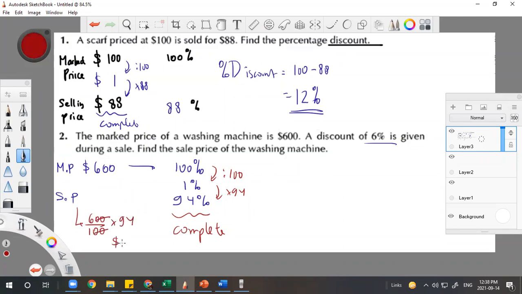564. Is it 500? Yeah, 564. Thank you. This is your value then. That's it, the selling price.